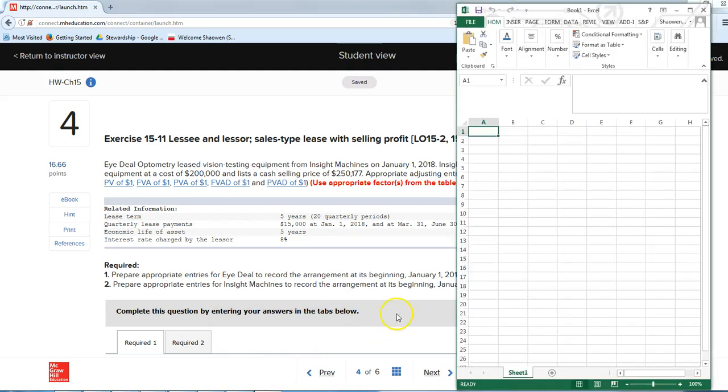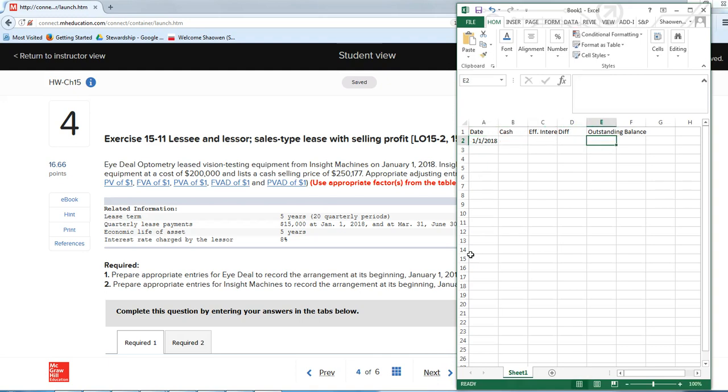Let's do the amortization table first. The first column is date. Second column is the cash amount. Third column is the effective interest. And then the difference, and the outstanding balance. January 1st, 2018 is the starting date of the lease.